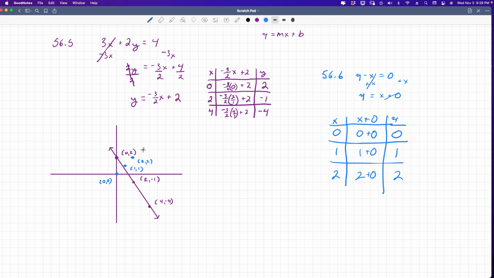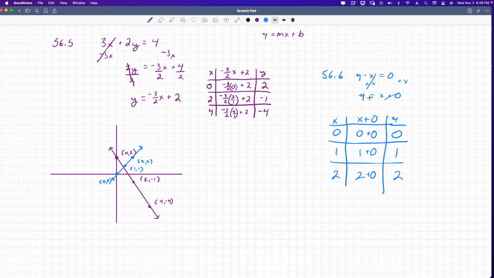So we can draw that line just like that. Let me get that as straight as I can make it. There we go. We'll put our little arrows on it. And there's our other line.